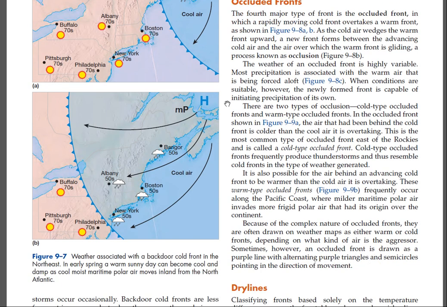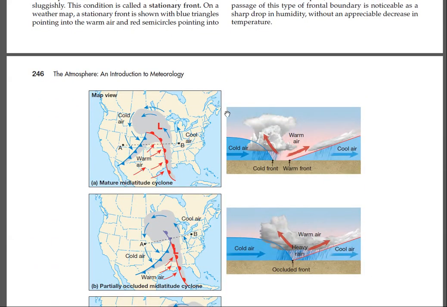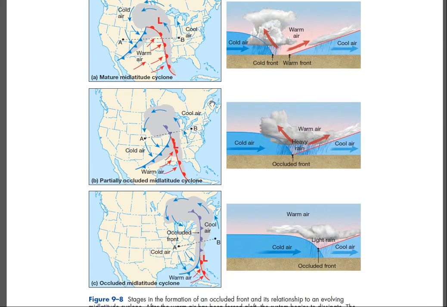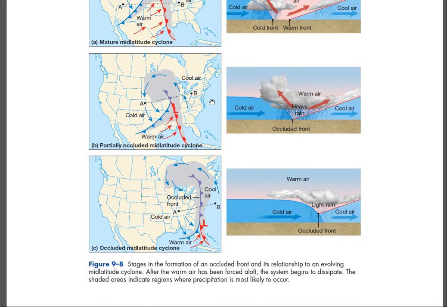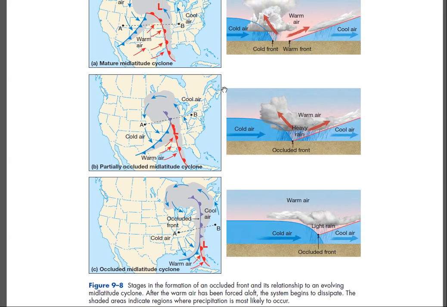The weather of an occluded front is highly variable. Most precipitation is associated with the warm air that is being forced aloft, Figure 9.8c. When conditions are suitable, however, the newly formed front is capable of initiating precipitation of its own.